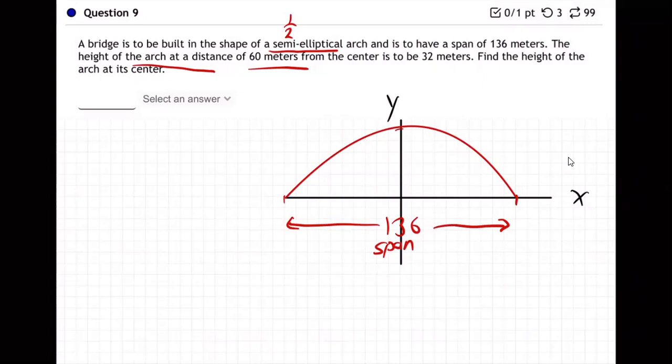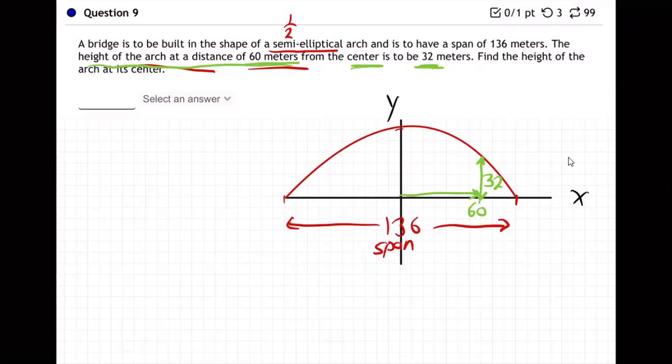Okay, and it says at a distance of 60 meters, so way over here, if we go 60 meters to the right, the height of the arch is 32. If you go over 60 meters, you'll find a height of 32.